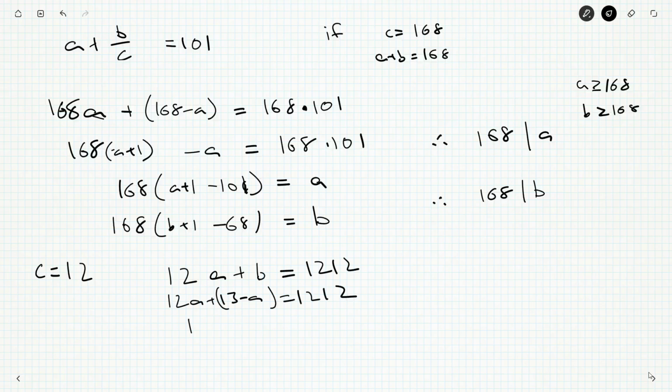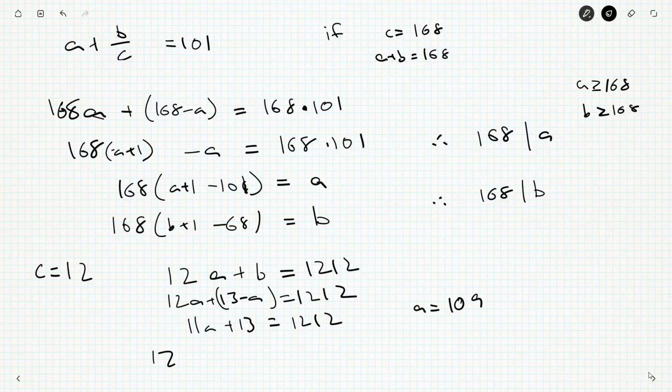Subtract off the A, we'll get 11A plus 13 is 1212. Minus 13, 1,199 divided by 11. I get A is 109. That doesn't seem right, but okay.